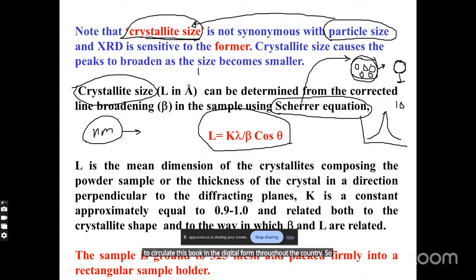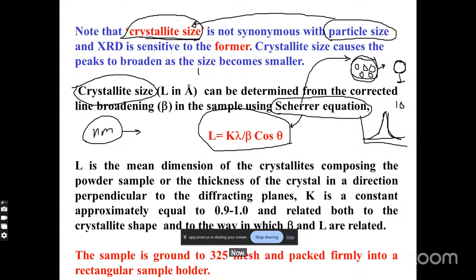You can Google it and you will find the PDF copy. Around page 124 or 114, the Scherrer equation is derived. Not many assumptions are there. You only have to keep in mind that this Scherrer equation will help us find the crystallite size of our sample.